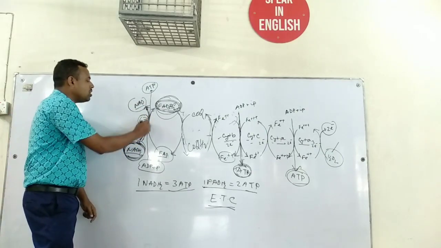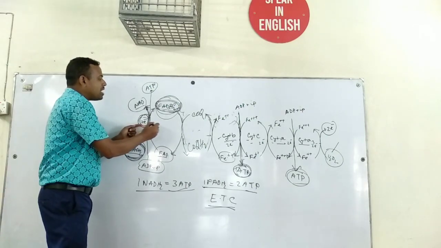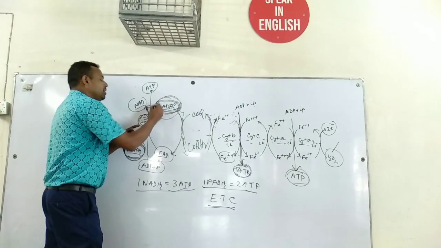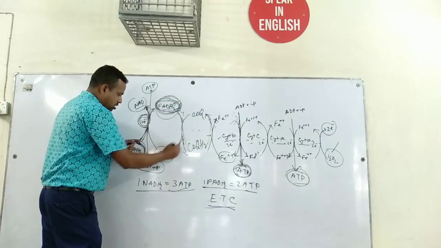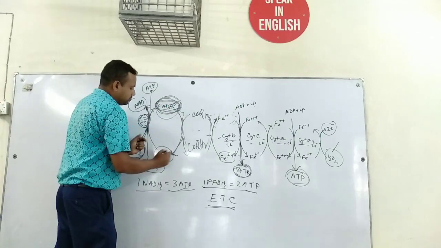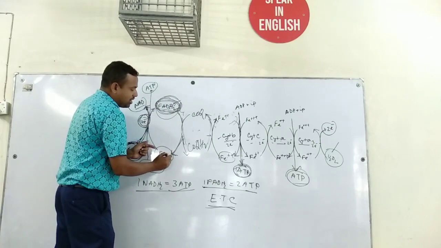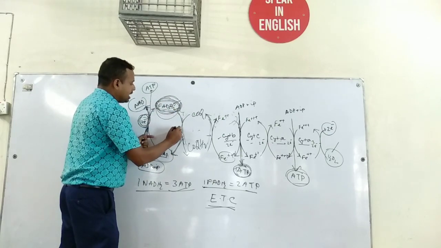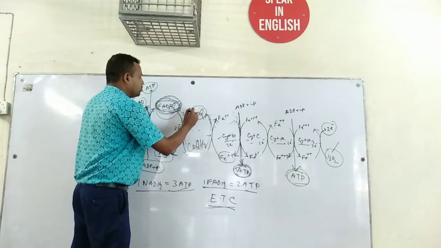So 2 electrons are created, and these 2 electrons are passed to FAD, which is reduced to FADH2, and then FADH2 is converted into FAD. Here also 2 electrons come, and coenzyme Q. What is coenzyme Q?